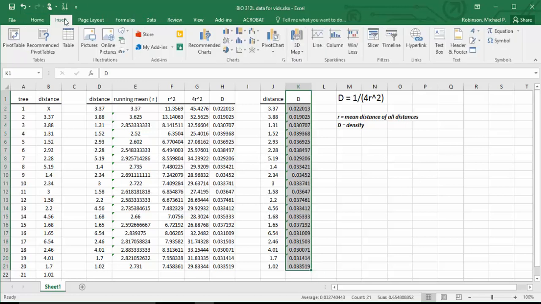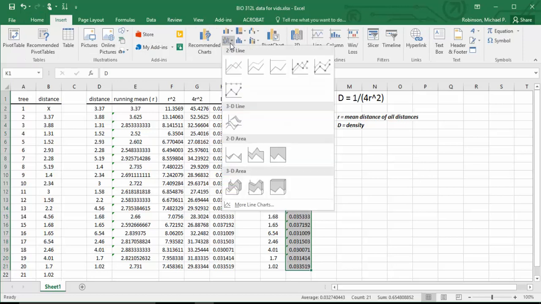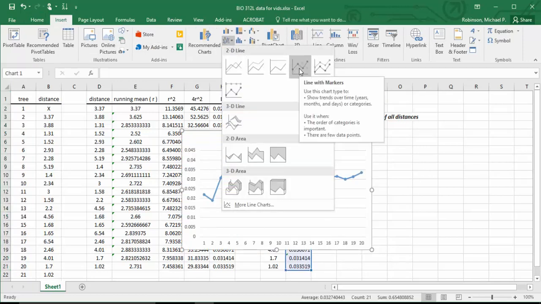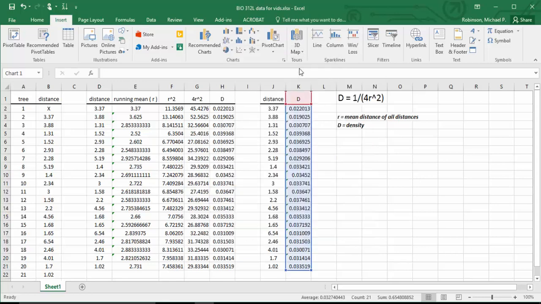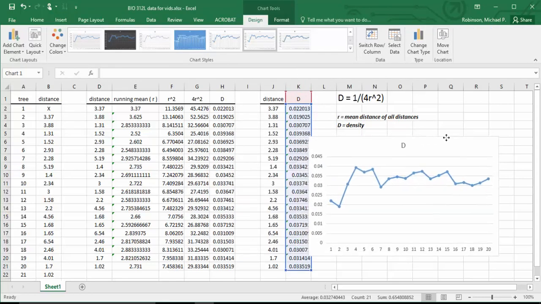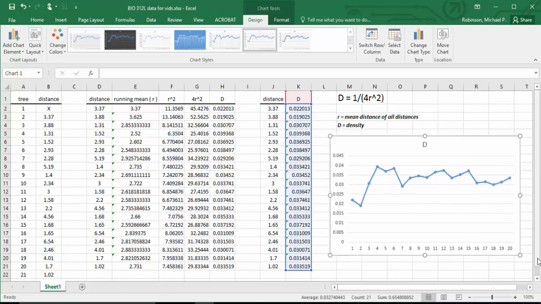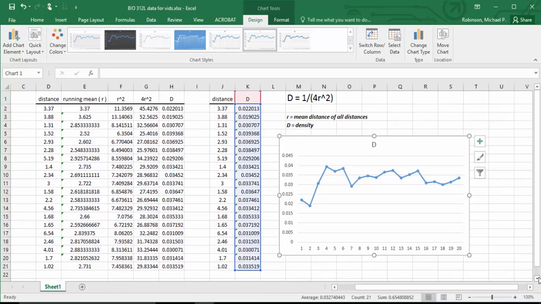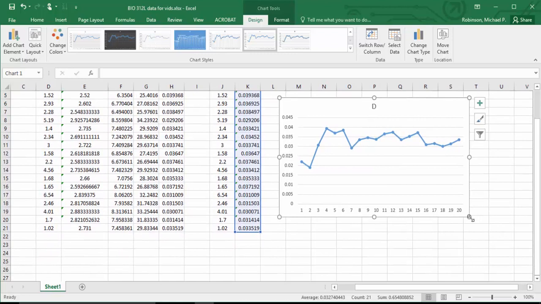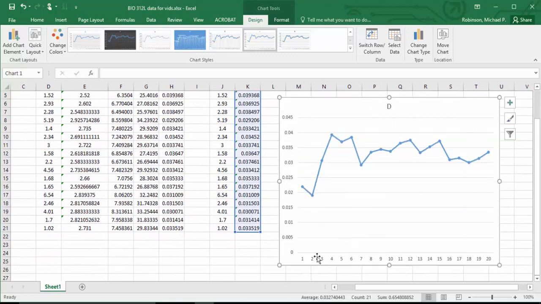We're going to insert, and in this case, we want to do a line. And let's do a line with little markers, so we can see the individual points. Alright, and these are basically our results. So this represents the number of additional trees, and this is our value D.